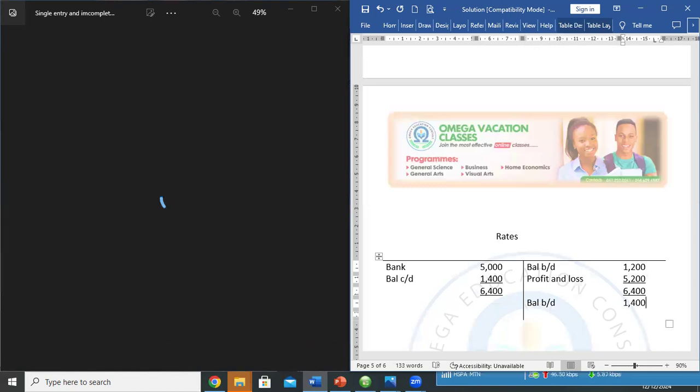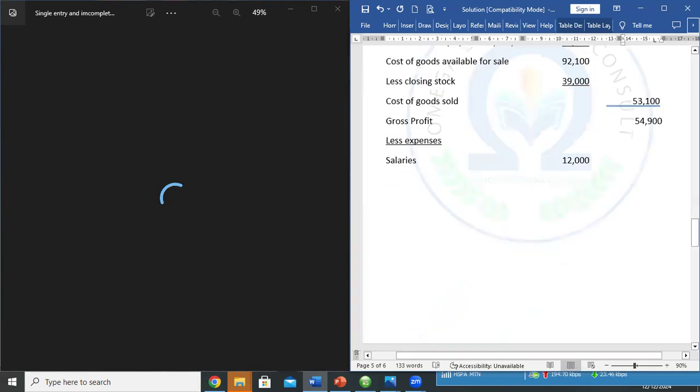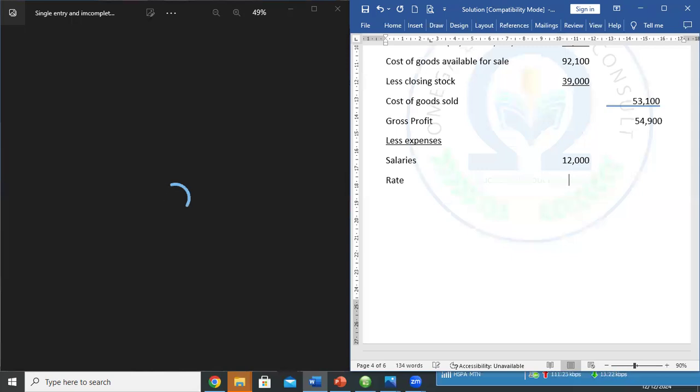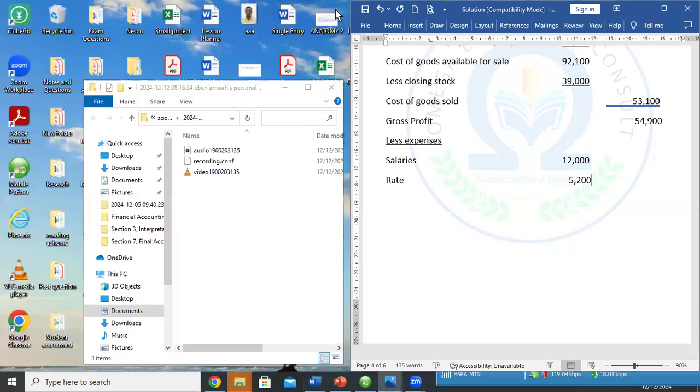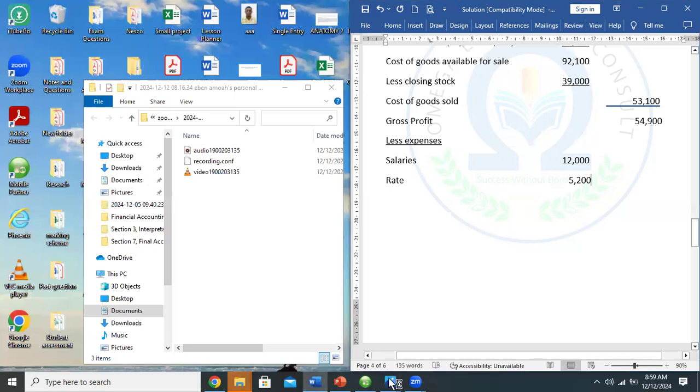Okay, so you now go back to your profit and loss account and put in the rates expense. So rates $5,200. So you now see the need why it's necessary for you to prepare your expense account so that you can get how much expense you are supposed to take to your profit and loss account.